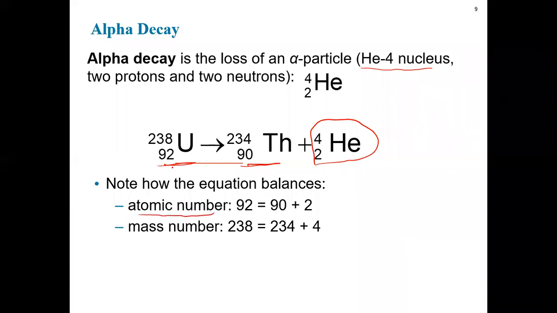The atomic number for the reactant is 92. For the product it is 90 plus 2, so therefore also 92. For the mass number, you start with the reactant 238. Then one product has a mass number of 234. The other product has a mass number of 4, so 234 plus 4 is also 238.